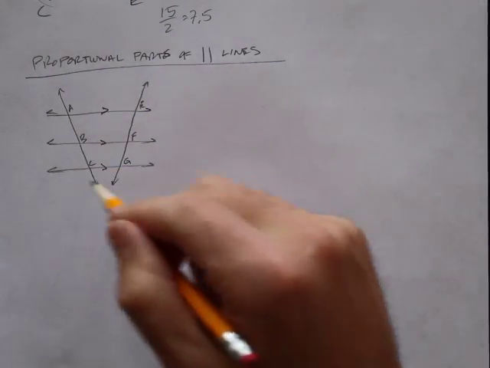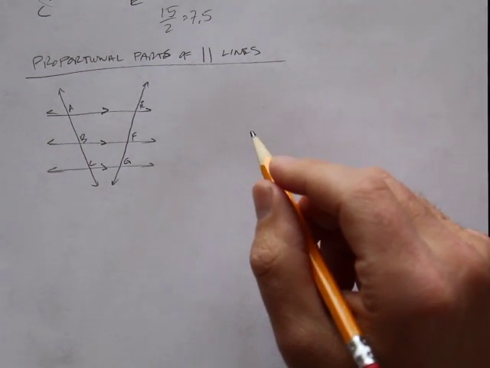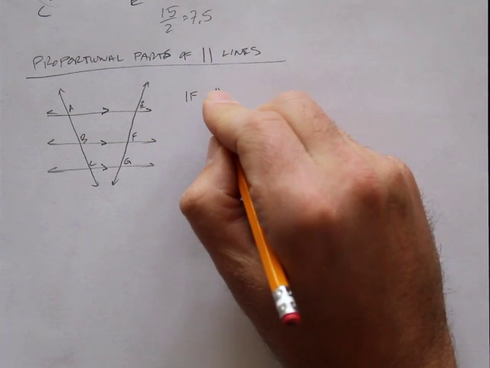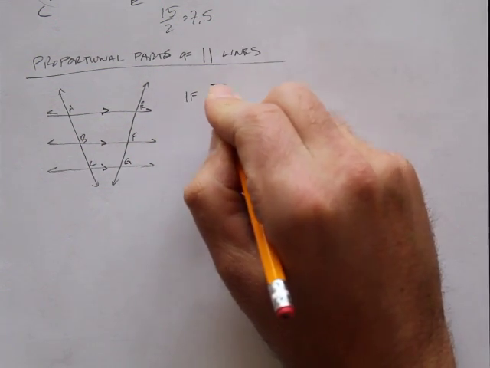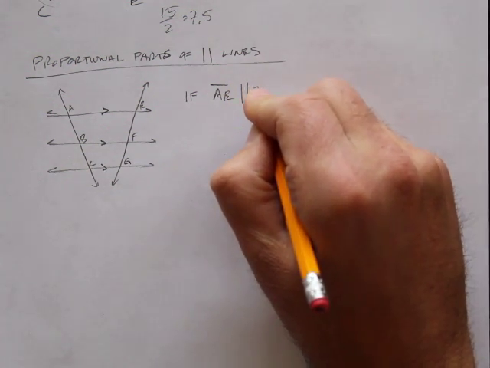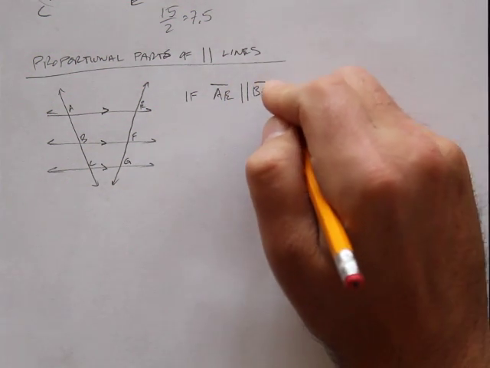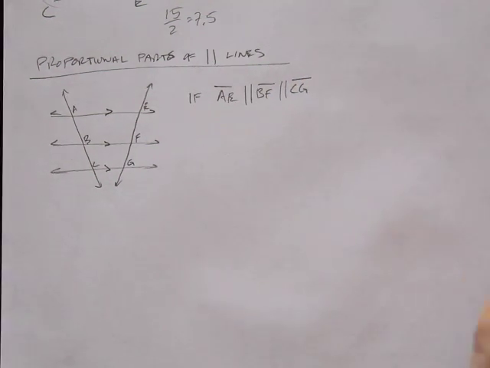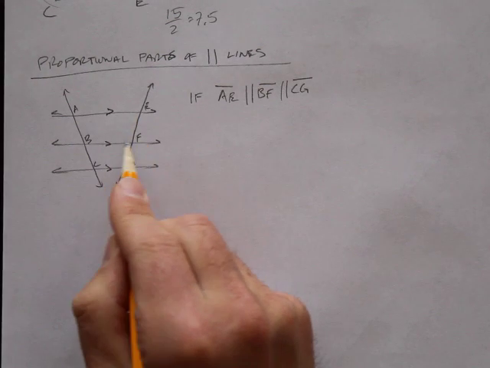So we're going to write a little statement about this. If AE is parallel to BF is parallel to CG. So we're just talking about these segments.